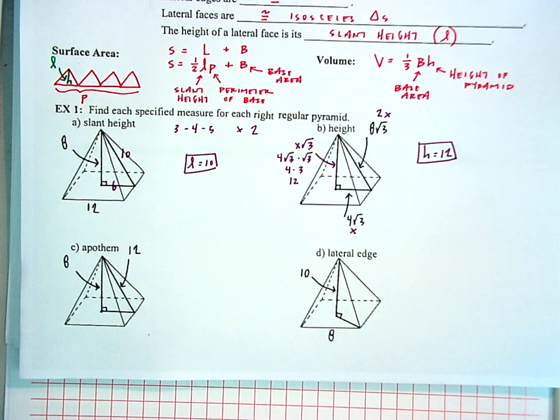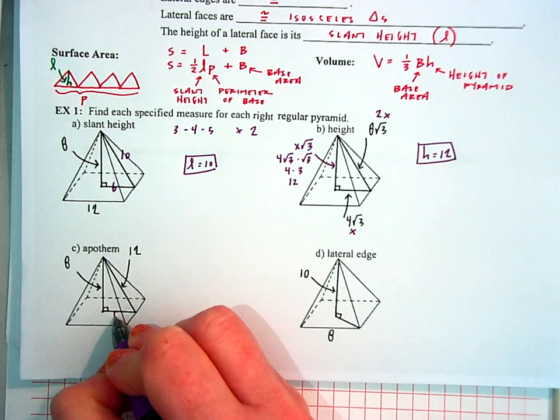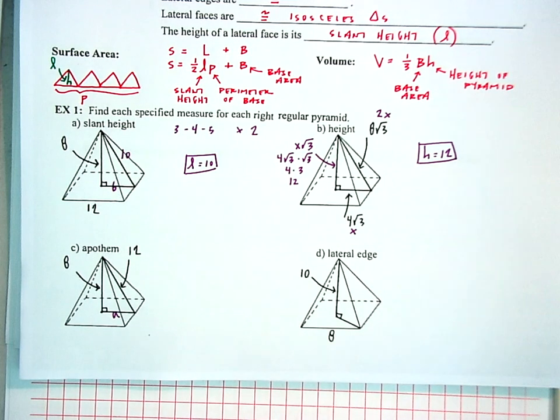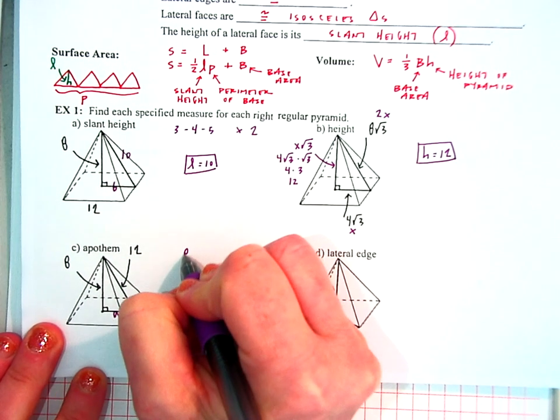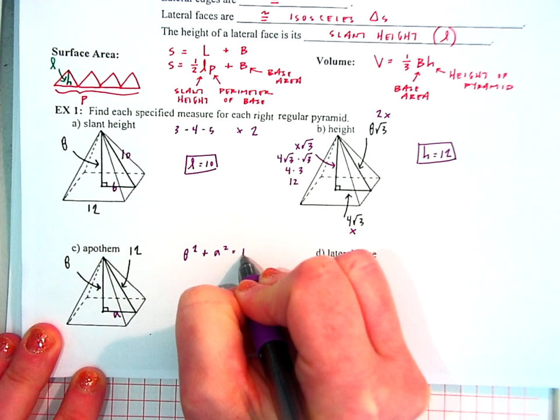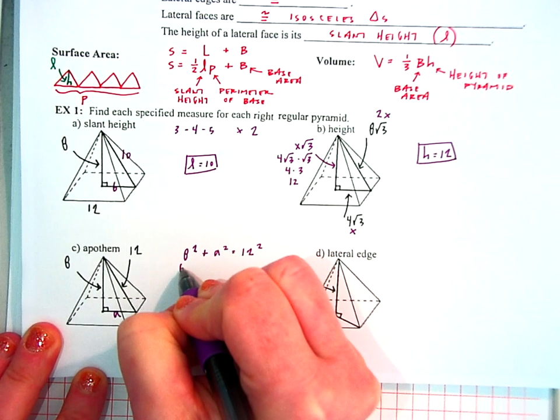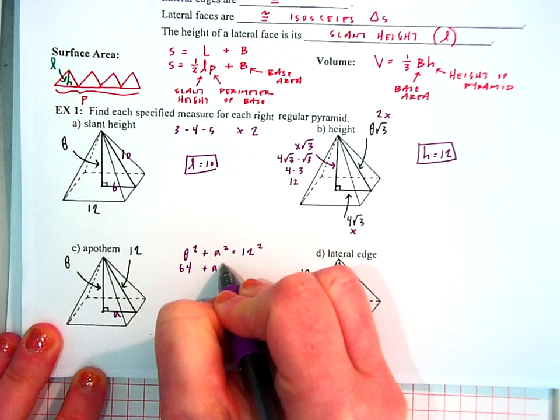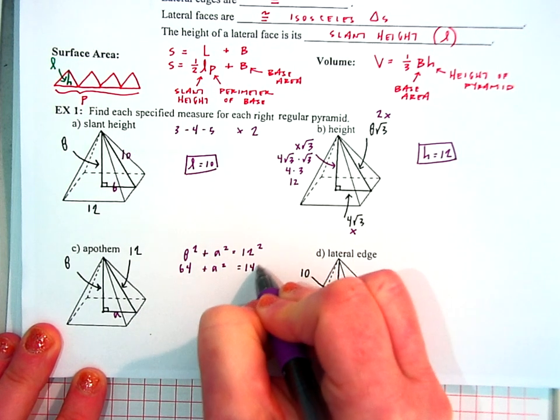That's not a problem. It's just that we have some shortcuts that are built in. Okay, next one, I want the apothem. So right here is the apothem that I'm going to solve for. So here I do have to use Pythagorean theorem. I don't recognize any special right triangle or a common Pythagorean triple. So here, Pythagorean theorem it is. 8 squared plus a squared equals 12 squared. 64 plus a squared equals 144.